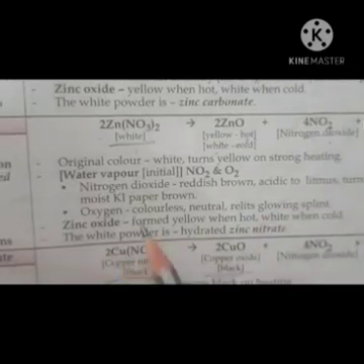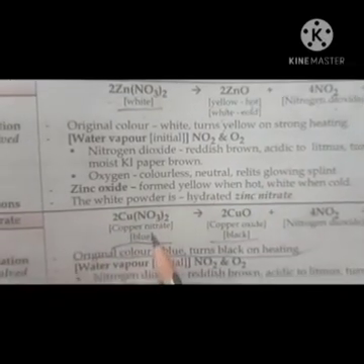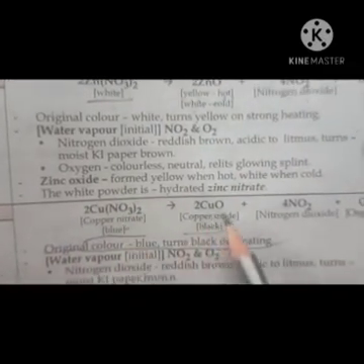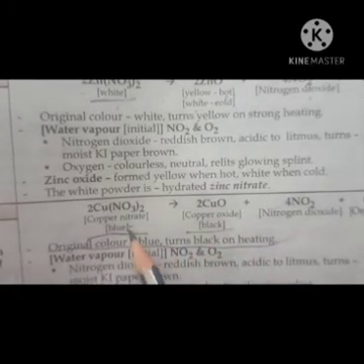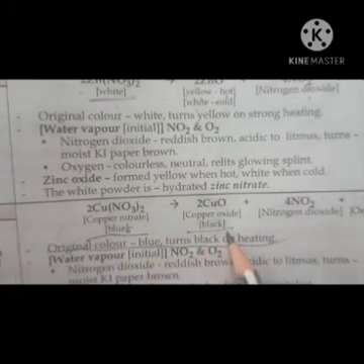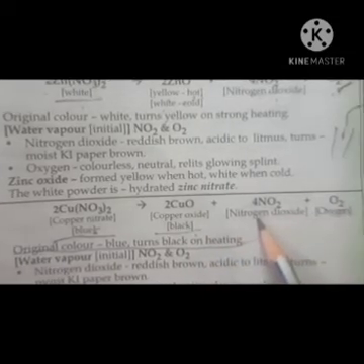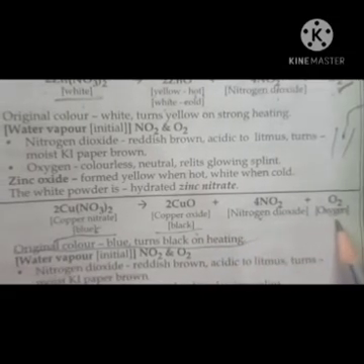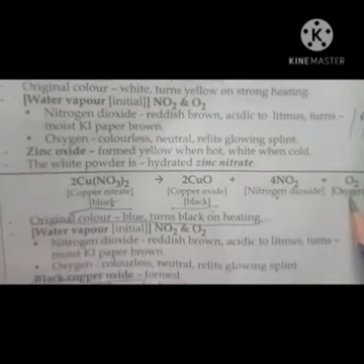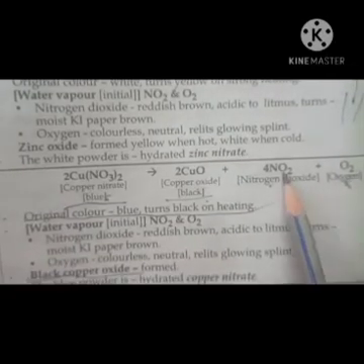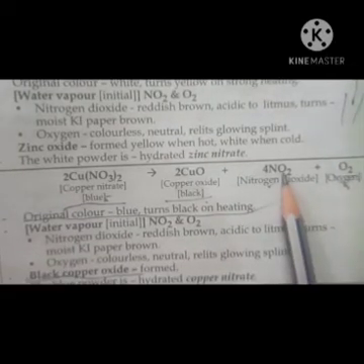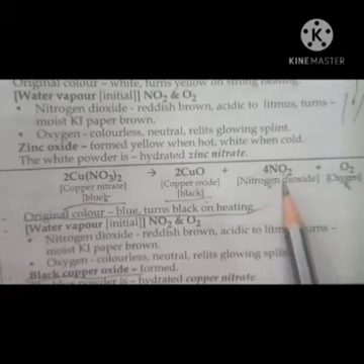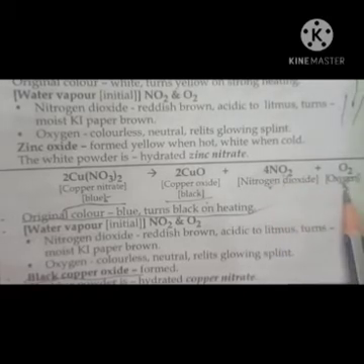Now next is copper nitrate. Copper nitrate is blue in color. On heating it gives black copper oxide and reddish brown nitrogen dioxide and colorless oxygen gas. And how will you identify nitrogen dioxide gas? You know the test for nitrogen dioxide gas and oxygen gas also.